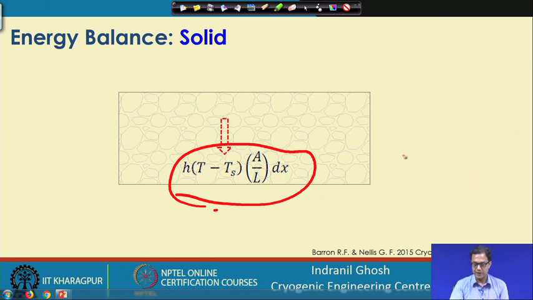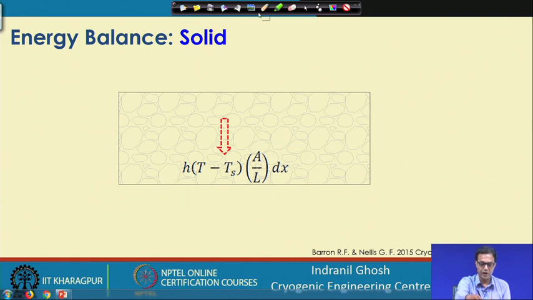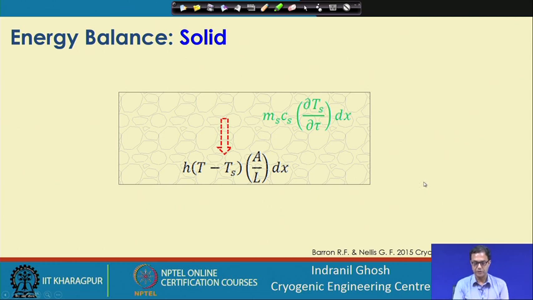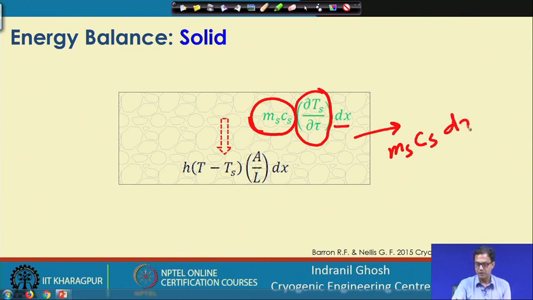So, if we say that the solid has a temperature Ts, we know that del T by del tau will be the temperature rise, and the energy associated with it is del Ts by del tau, as I told you, multiplied by ms and Cs. So, if the mass of this element is ms and Cs is the specific heat associated with it, then we have dx, the elementary length associated with it.